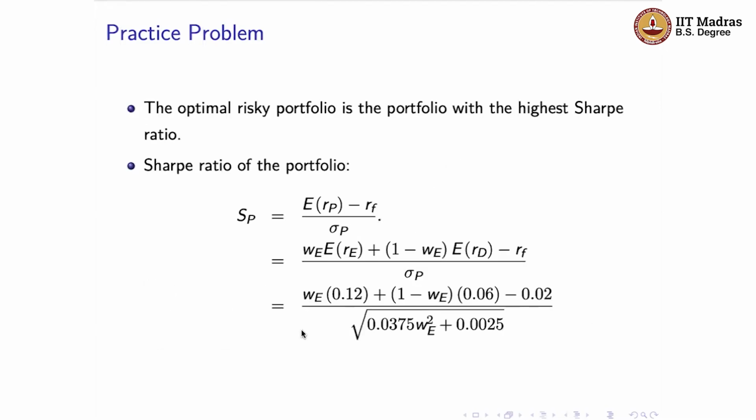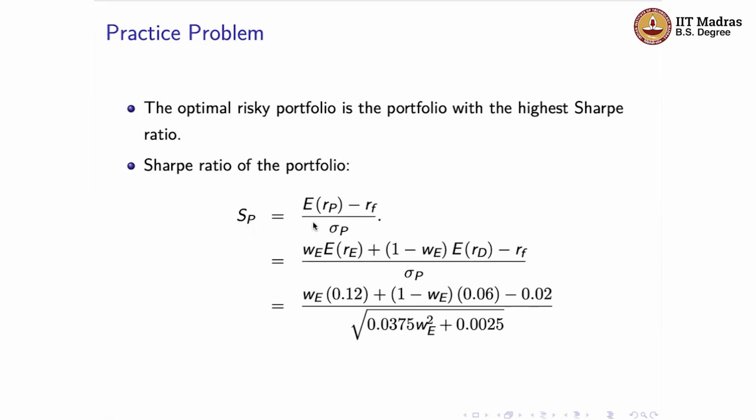And so therefore, what we want to do is write the Sharpe ratio as a function of the weight of the equity, let us say. And then we want to choose the weight of equity so as to maximize this. So we proceed as follows. The Sharpe ratio, first step is the definition. For any portfolio P that you have chosen, the Sharpe ratio is the expectation of the rate of return for this portfolio minus the risk-free rate, divided by the standard deviation.